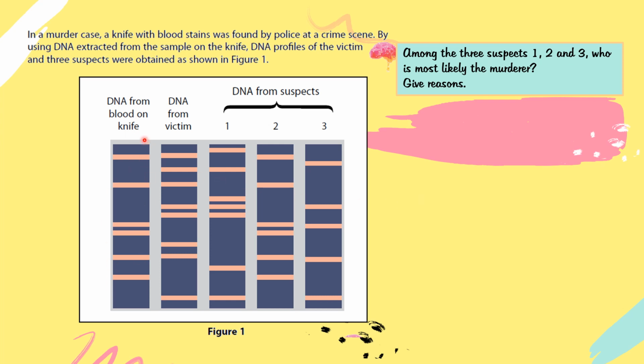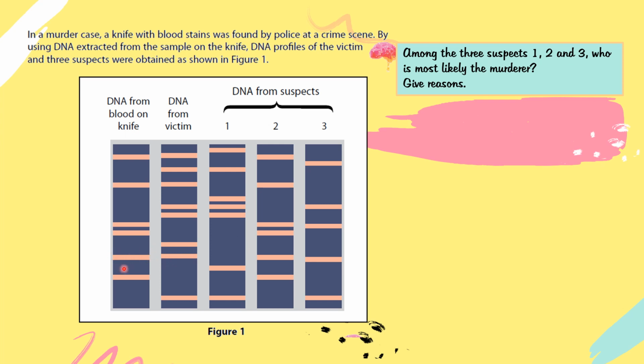So what we can do is look at the DNA on the knife, so we match with the victim and also the DNA from the suspect. Okay, so we're looking at this. We have suspect 2 over here. This band is from the victim and also suspect number 2. This band over here is also similar to suspect number 2. We have 4 matching bands already.